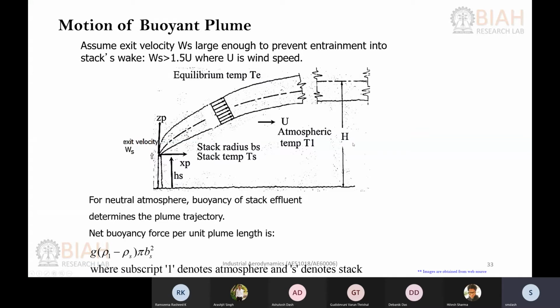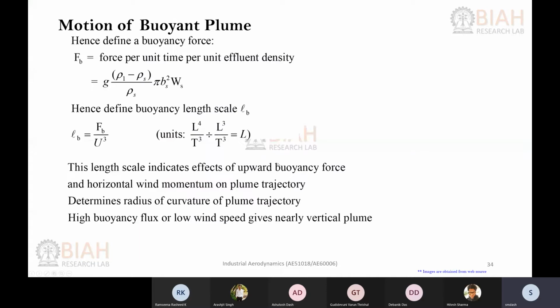So we have found that we can actually define a buoyancy length scale, which is a relationship between this buoyancy force per unit time per unit effluent density or stack density, divided by the cube of the velocity of the wind.